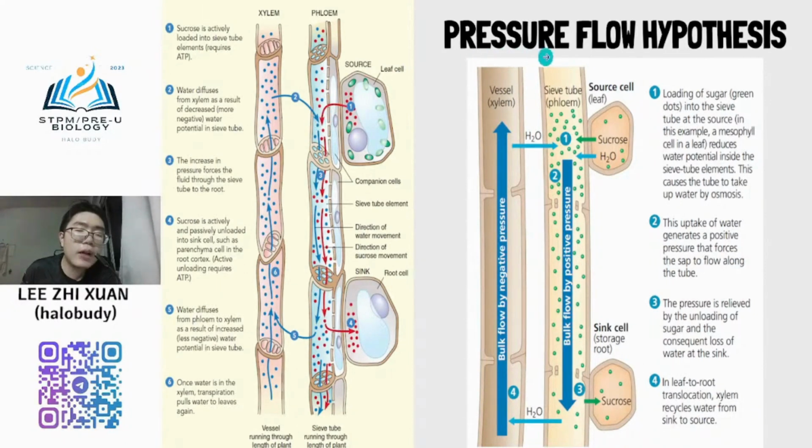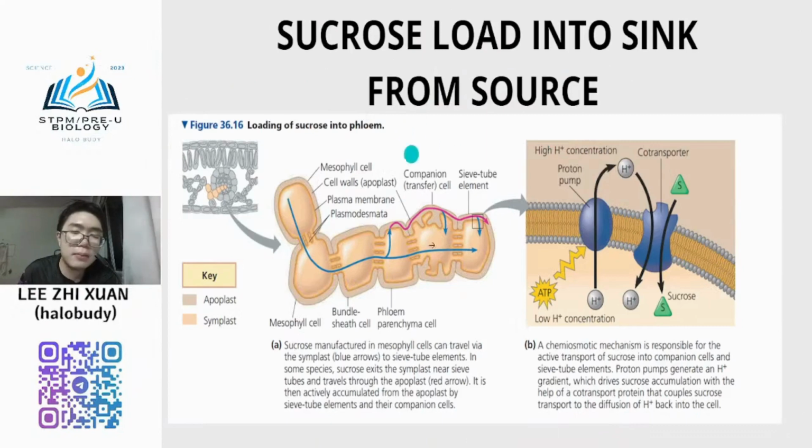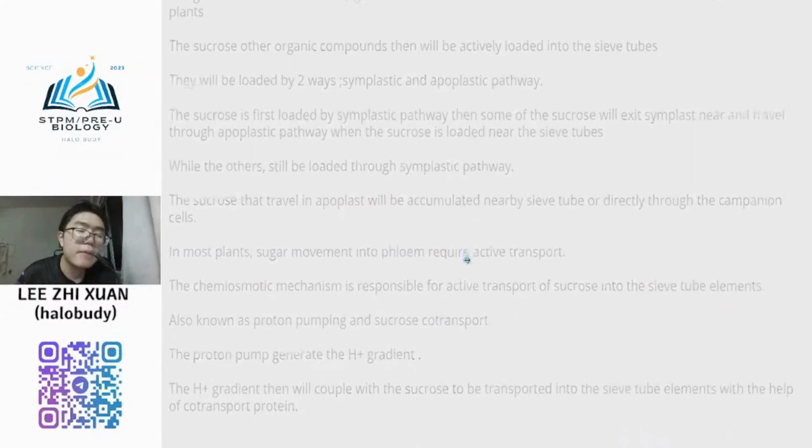Normally, one of the ways of translocation is the pressure flow hypothesis. So what is this? If you see this diagram, on the left-hand side, the first step is the step that I already mentioned here, when your sucrose molecule is transported into the sieve-tube element.